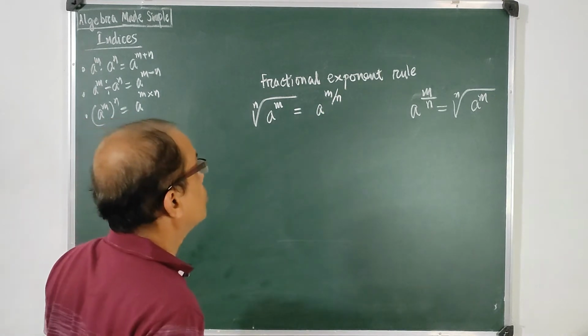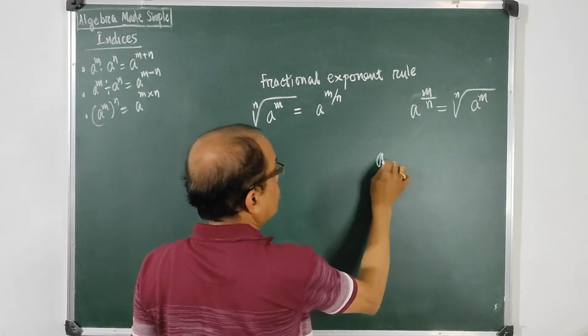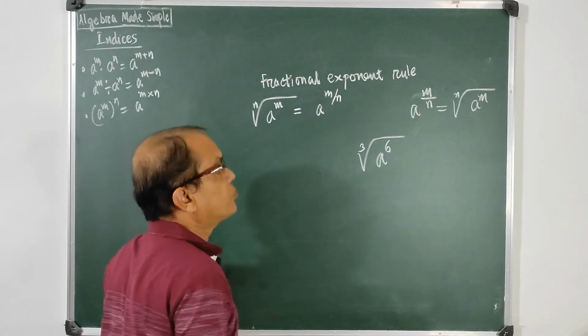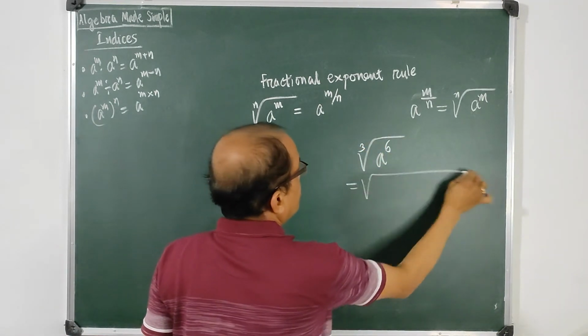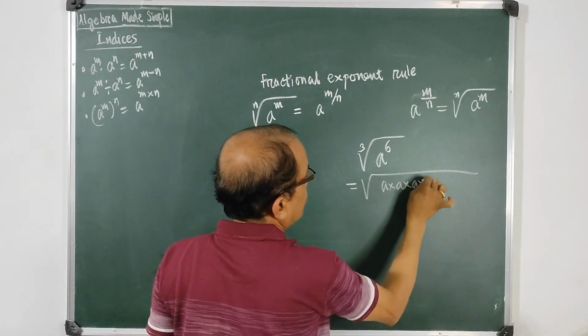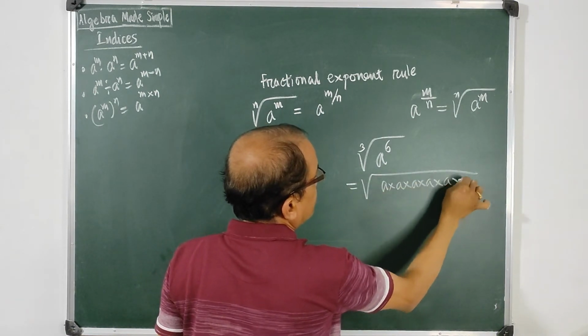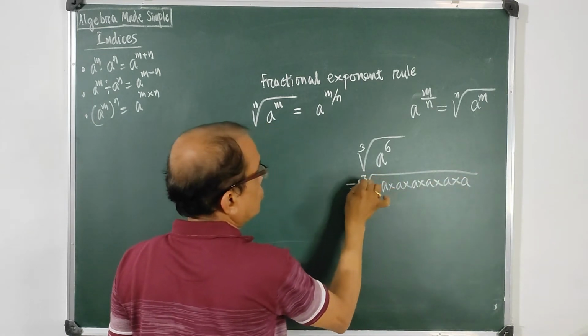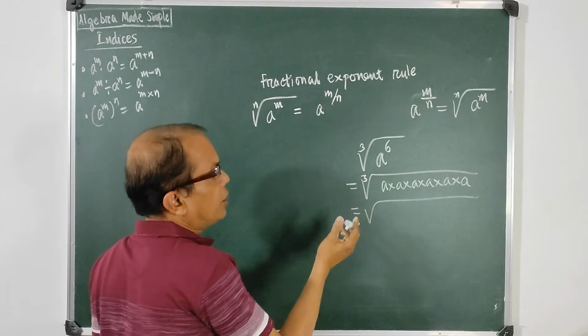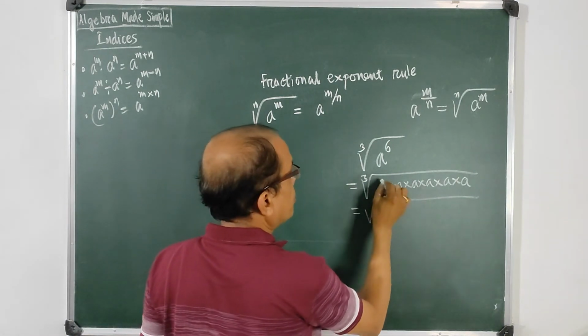Let us check. Suppose we have the cube root of a to the power 6. If we factorize this, it is a into a into a into a into a into a, third root. So we have to take 1 out of every 3.